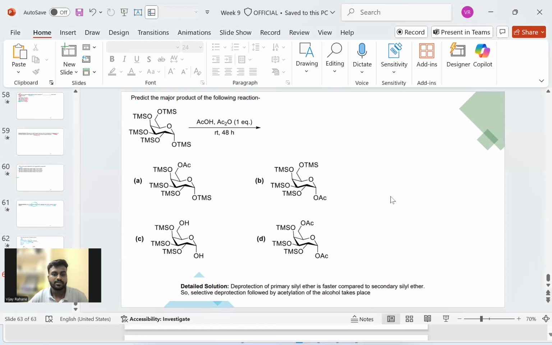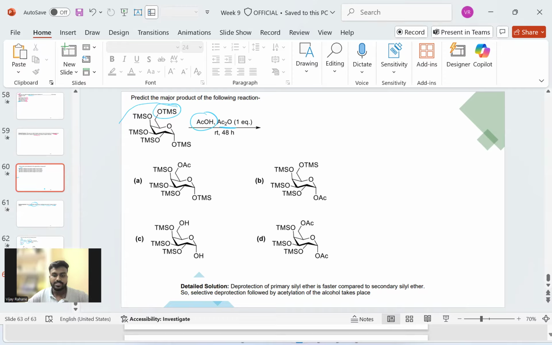In this question, we have the starting material, on which we have added acetic acid and acetic anhydride, one equivalent. So you can see here the compound which has this primary OTMS group. Then there are other secondary OTMS groups. In this case, when you react with the acetic acid, the deprotection reaction of the OTMS takes place.